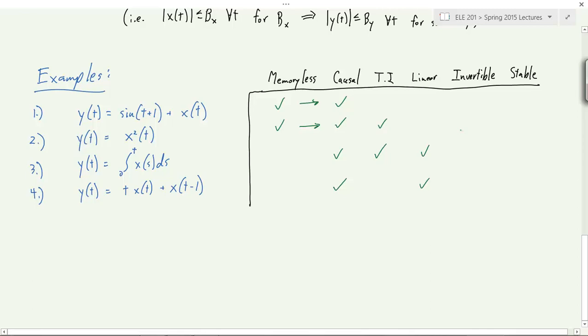Anything else? The first one is invertible, yes, because you could always just subtract the sine of t plus 1. There's one other one that's invertible. The integral, we know how to invert that, take a derivative. You would if you go the other way. So derivative loses the constant.